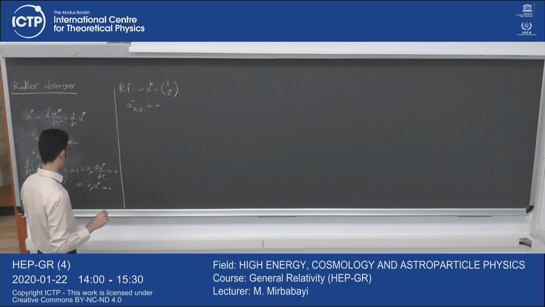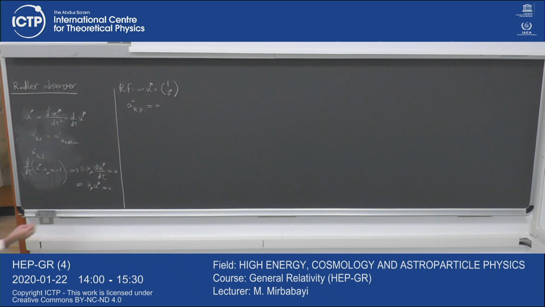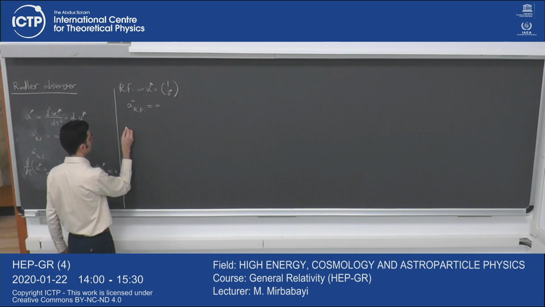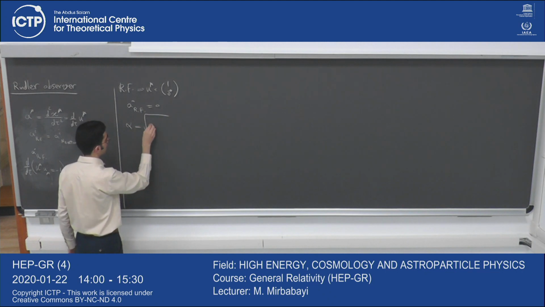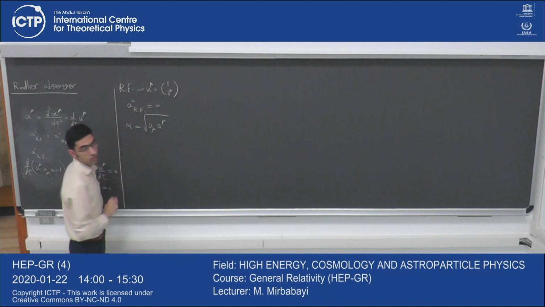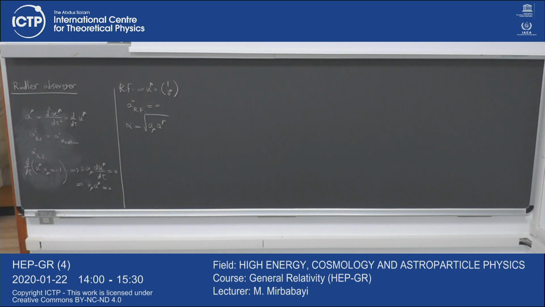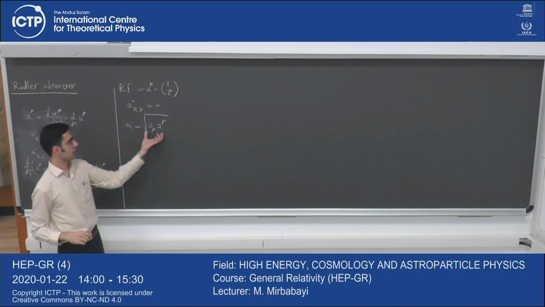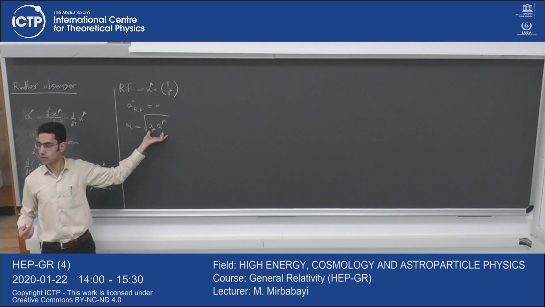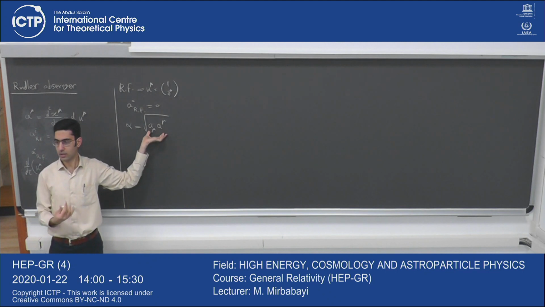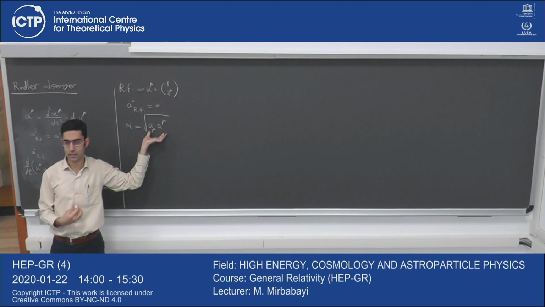Okay. Now, what is proper acceleration? Proper acceleration is the norm of this four-acceleration. So let's call it alpha. It is the square root of a mu a mu. Now this is a scalar quantity, right? So we can evaluate it in any frame that we like. In particular, we can evaluate it in the instantaneous rest frame.